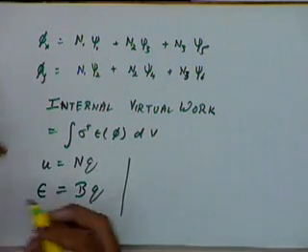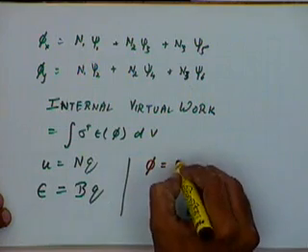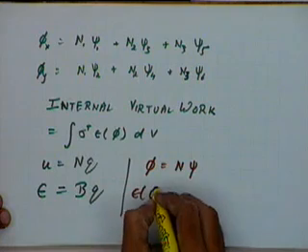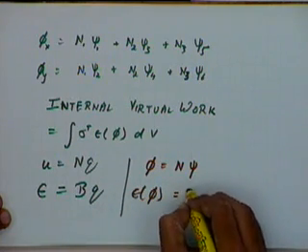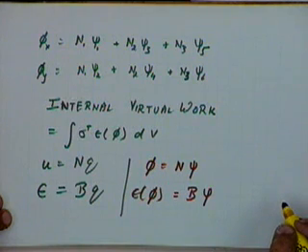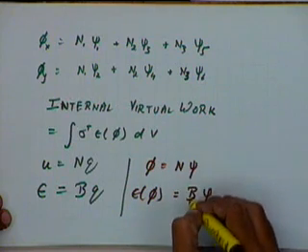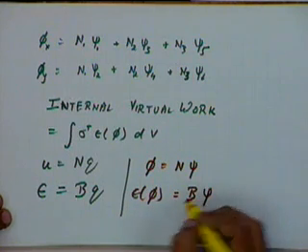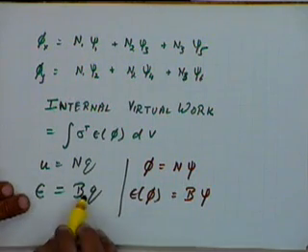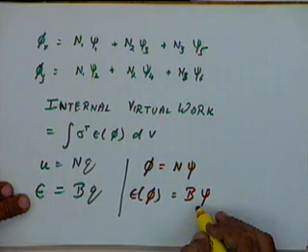Similarly, contrasting with phi equal to n times psi, epsilon of phi will be equal to b times psi. The steps involved in getting this matrix B are the same as what we did yesterday.